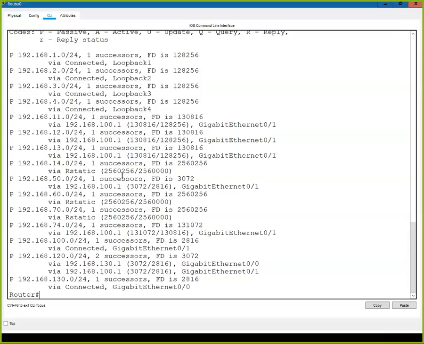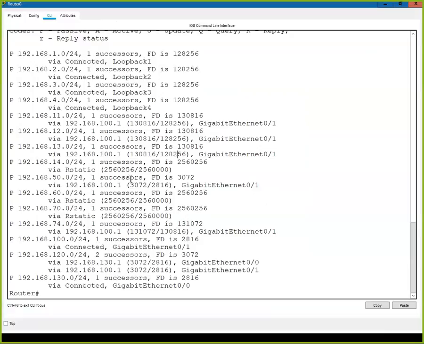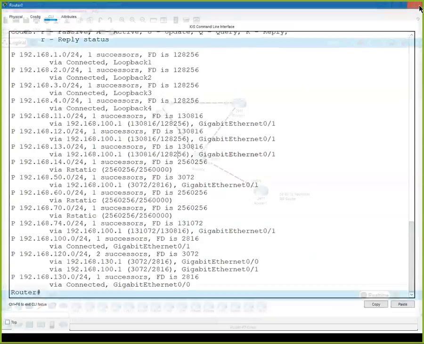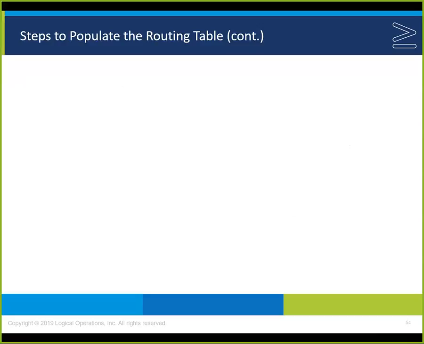The triangle, they're all going to be equal cost paths, aren't they? Even with this one, to get around, we should have two paths going to this network, 50. Let's try. It says it only has one path, one successor. I guess I didn't configure EIGRP correctly on that. Some of these things I've done and I forgot what I did to them, to show something is misconfigured on purpose.